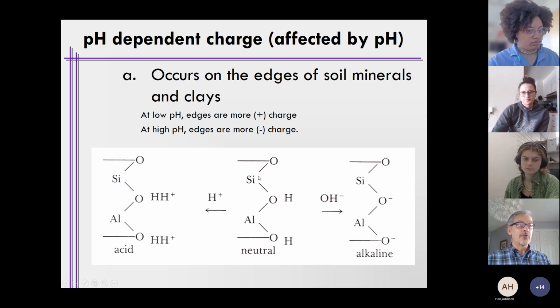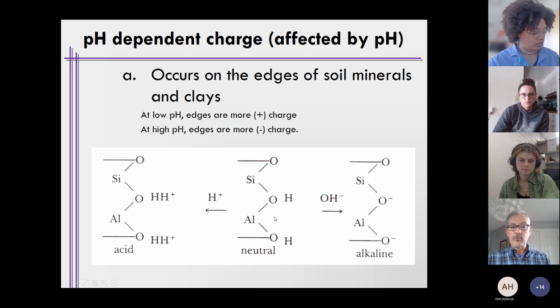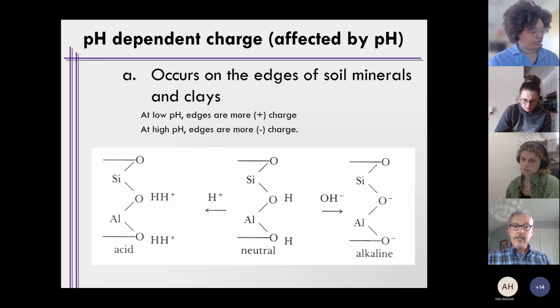At relatively neutral pH, you have no charge. And if you raise the pH even more, another hydrogen gets kicked off. It's not written perfectly on this screen, but another hydrogen gets kicked off. And now oxygen at the edge of that mineral has a negative charge. And this is how pH-dependent charge works. The name pH-dependent charge is the definition.